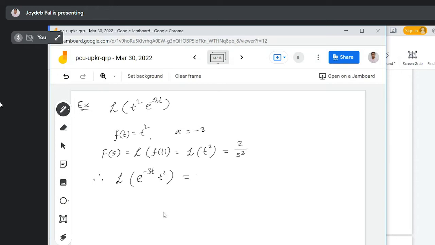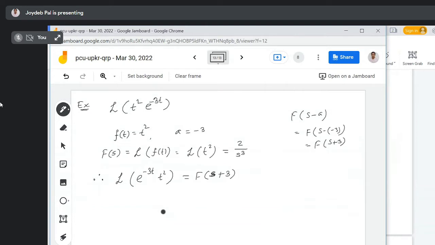So it will actually be f of s plus 3 by the S shifting property. Do you get why it is s plus 3? Because a is minus 3, right? The form is f of s minus a. Now here a is minus 3, so s minus of minus 3, f of s plus 3.